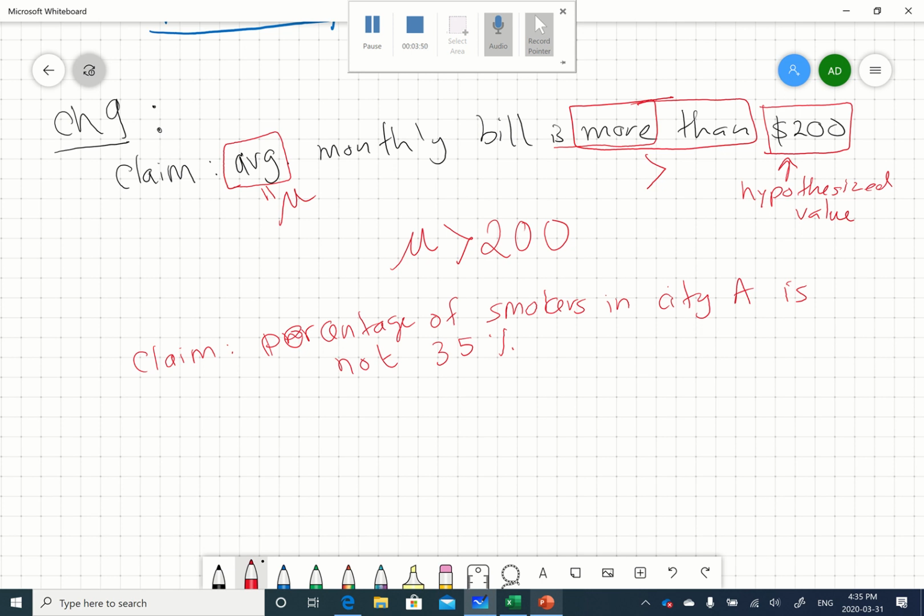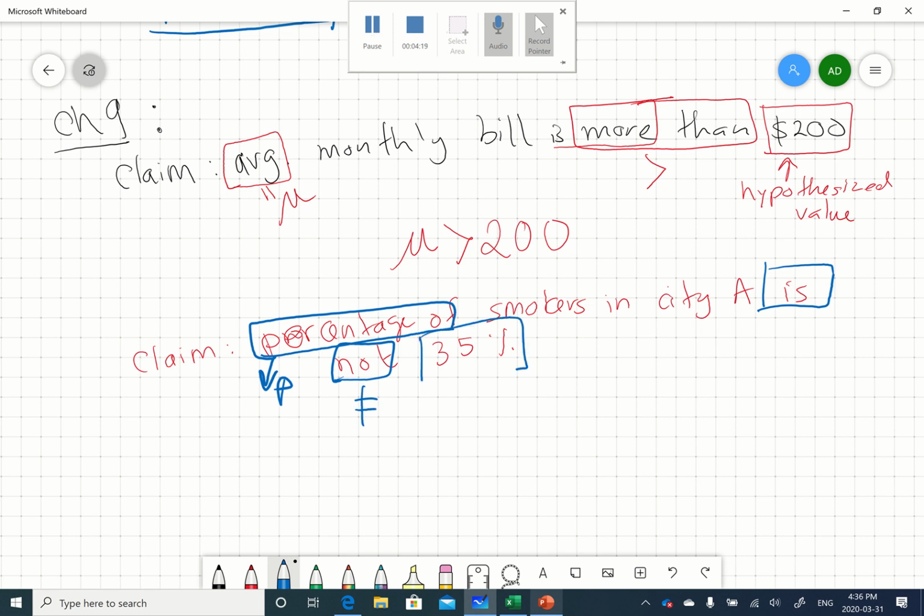But then somebody comes in and says, I don't believe it's 35%. So now we have a hypothesis to test. Our parameter is proportion, the comparison is not equal, and this is the hypothesized value.